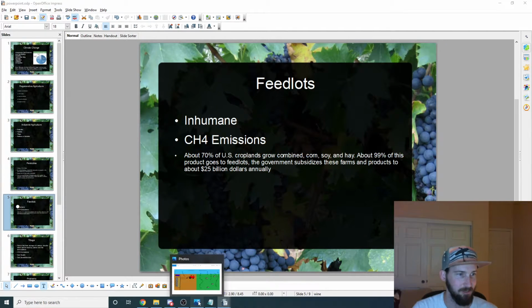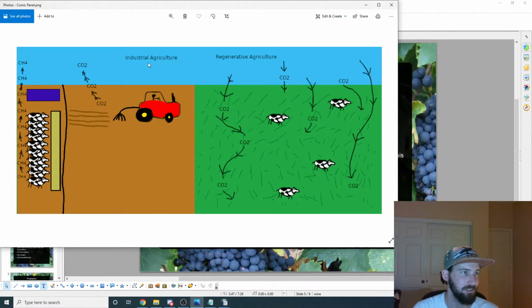So I made my little comic here. We have industrial agriculture over here, where you've got the tilling, releasing CO2. You've got the cows packed here with the grain and the water, and they're just emission machines. However, with regenerative agriculture, you have plants growing year round, so you're always sucking CO2 in.